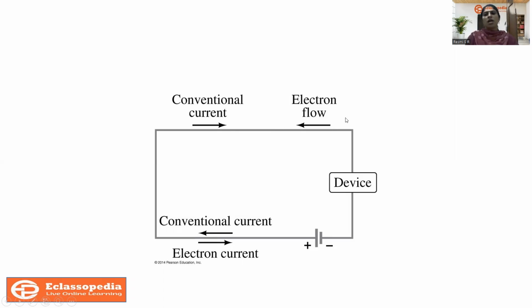And let me ask you one thing. What makes the electrons flow from one point to another point of a conductor? Let's see. I will give one example.